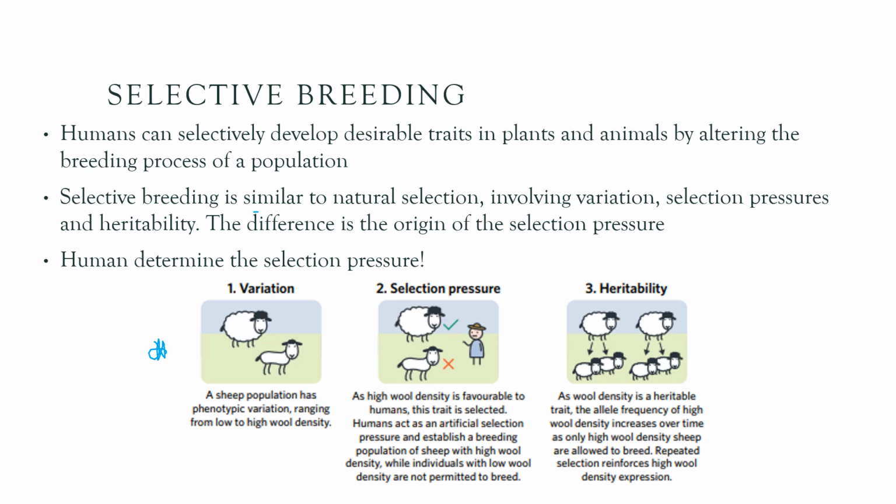So what the farmer then does is only breed those high density wool sheep. And then in the population that results, we have all high wool density sheep. So selective breeding normally decreases genetic diversity because we're normally choosing one trait that we like and pretty much getting rid of all the rest. So selective breeding actually decreases diversity.